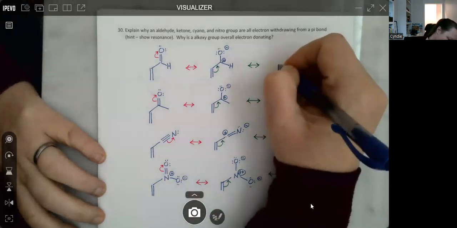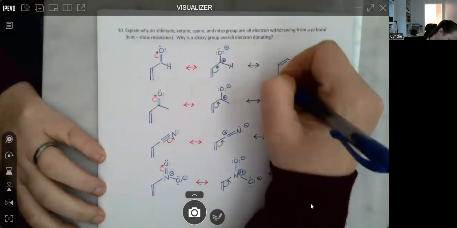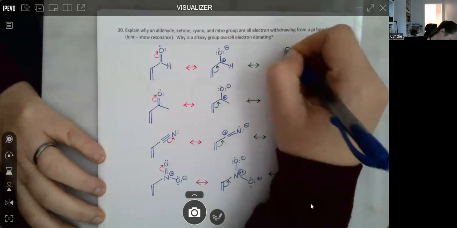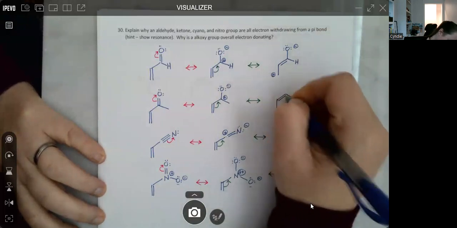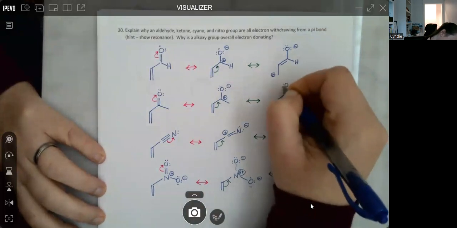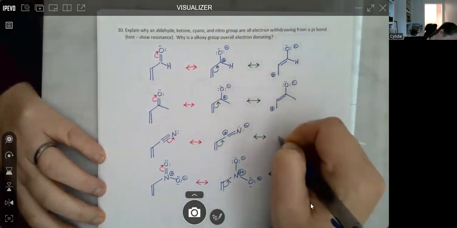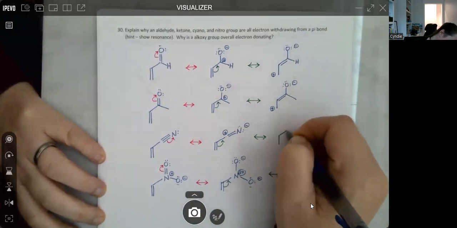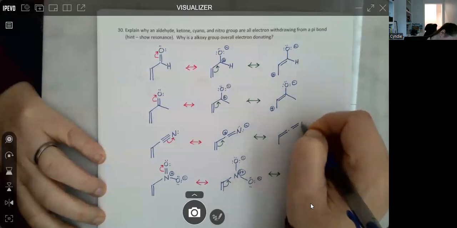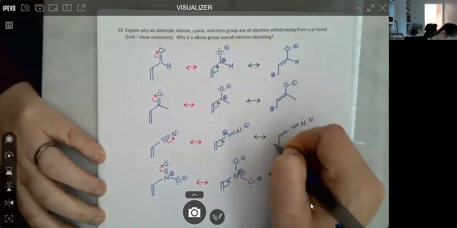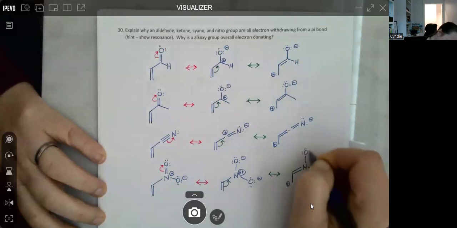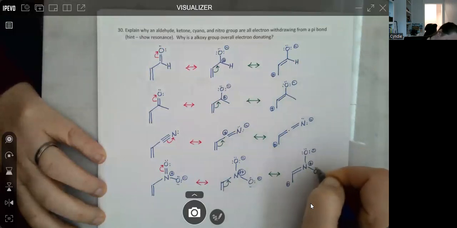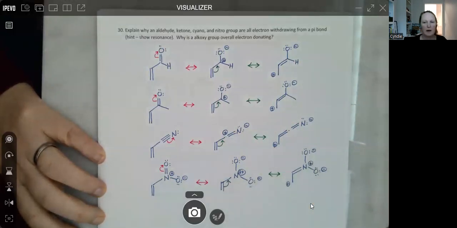And then if we draw what we formed here, okay, right?